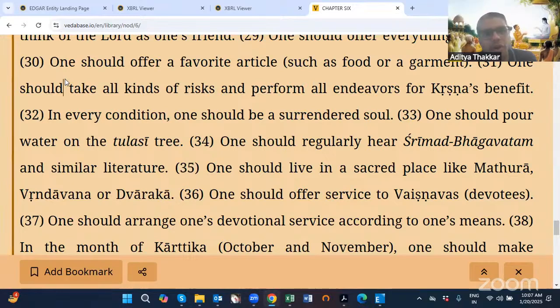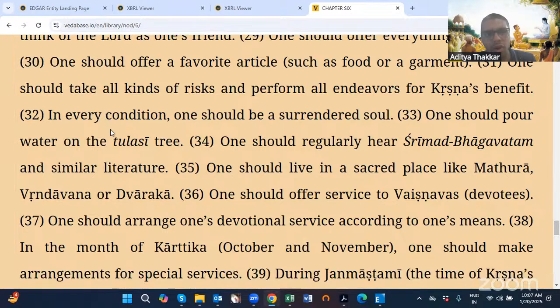30. One should offer a favorite article such as food or a garment. 31. One should take all kinds of risks and perform all endeavors for Krishna's benefit. 32. In every condition, one should be a surrendered soul. 33. One should pour water on the Tulsi tree. 34. One should regularly hear Srimad Bhagavatam and similar literature. 35.